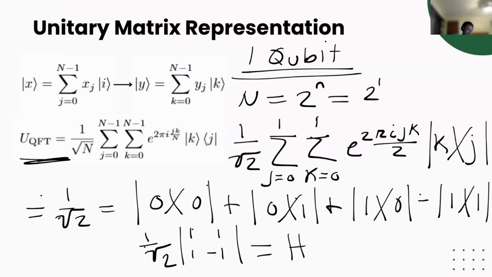Now, when j equals 1 and k equals 1, this exponential is no longer 1. So we plug in the values of 1 and 1, and we find that this comes down to e to the pi i. And e to the pi i is actually just the value of -1.